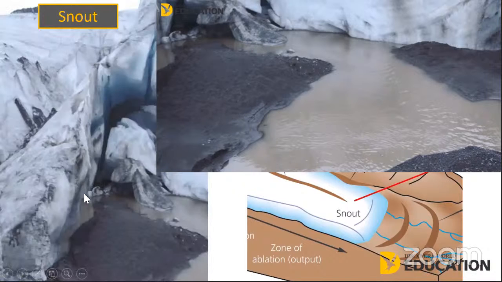More evidence can be seen of the retreat process here, with the rivers actually starting to appear from under the snout, forming these little mini lagoons before it eventually comes into the major glacial lagoon a little bit further on. But these are great examples that the students can use, and great images that you can use to teach this particular process.